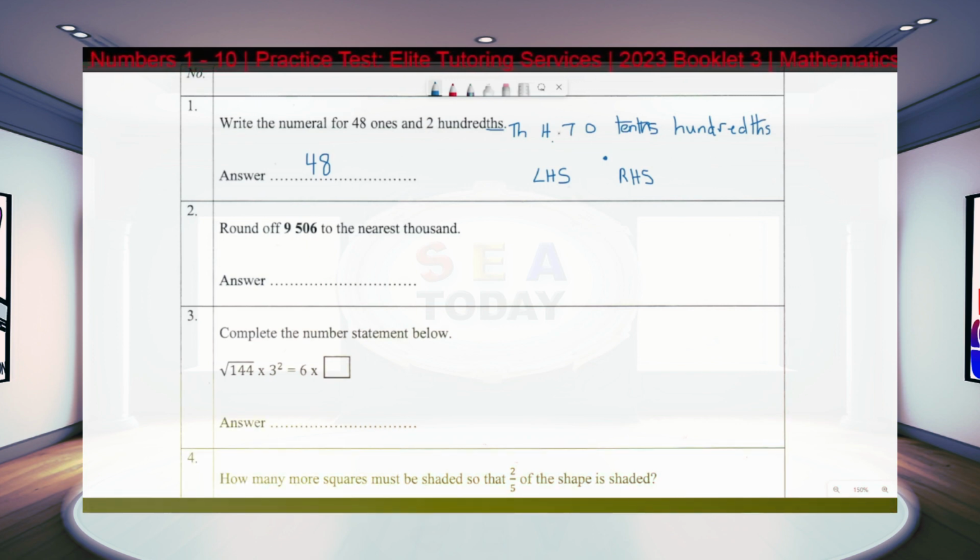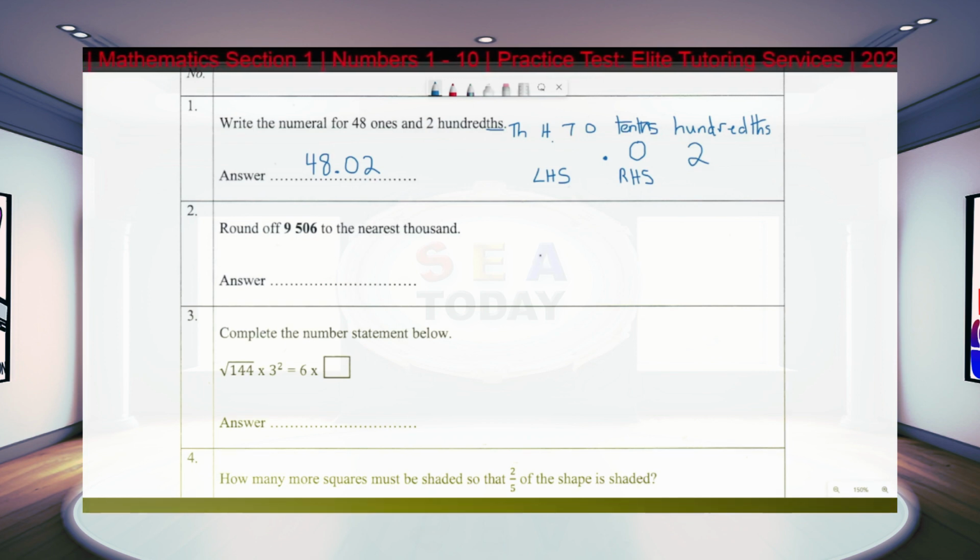So the 2 hundredths that we have to represent for this number will come in this position, and they did not mention any tenths, so we're going to put a 0 in that position. So the full answer will be 48.02. Complete.